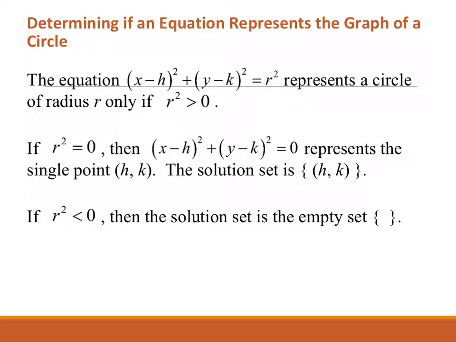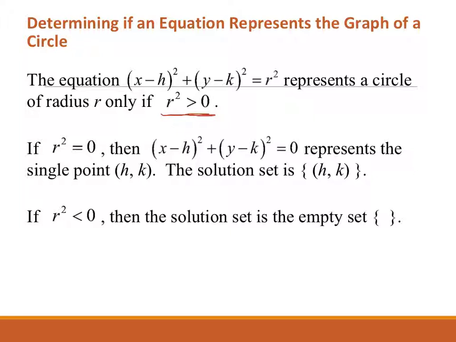So determining if an equation represents the graph of a circle. The equation (x minus h) squared plus (y minus k) squared equals r squared represents a circle of radius r only if r squared is greater than 0.